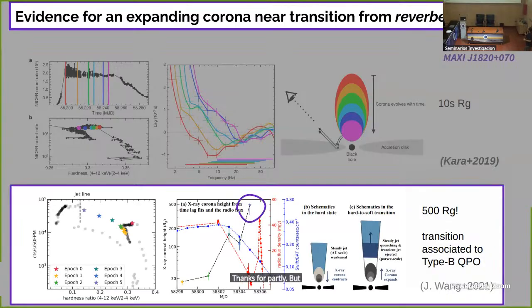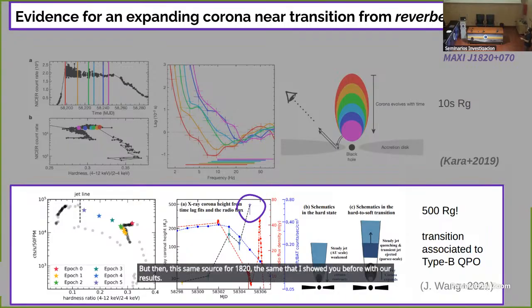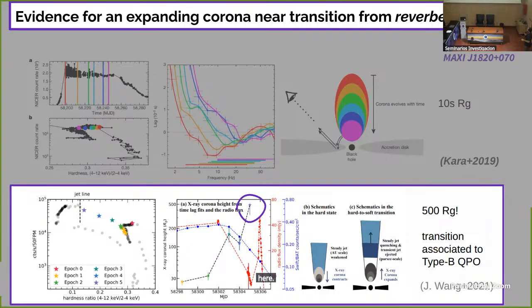But people were expecting very, very small coronas at that time. But then this same source, 1820, the same that I showed you before with our results, this part of the study was here in this plateau, but then the source started to go down and then went up again and did the full transition to the soft state.